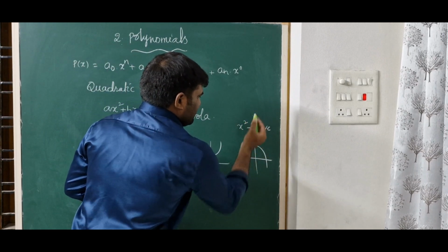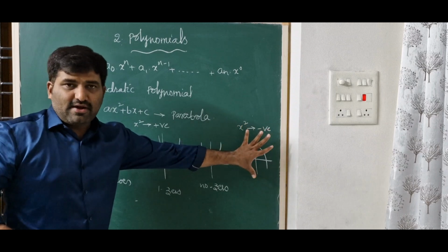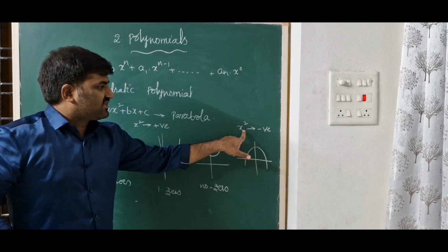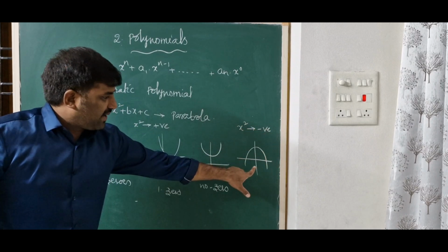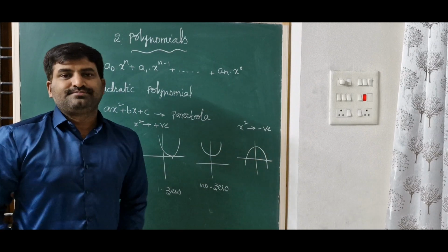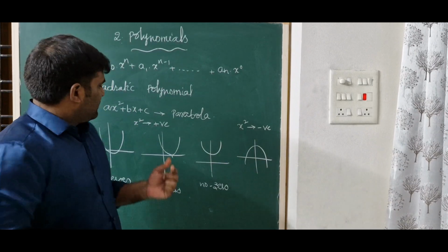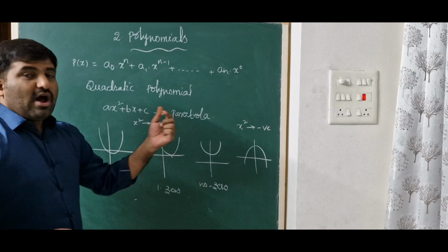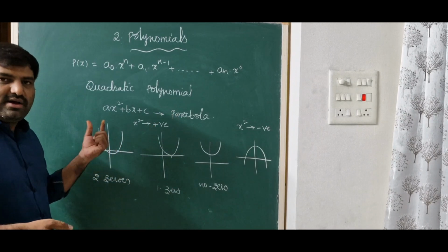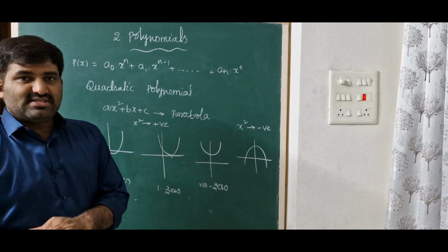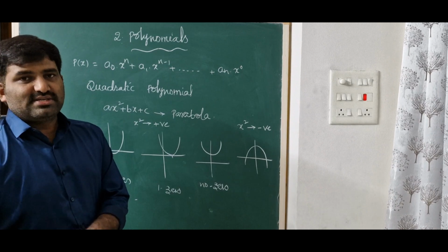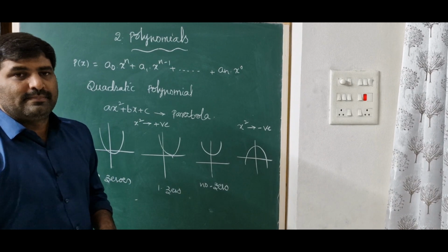Mostly this concept is not asked in the exam, but you have to remember that where the x square coefficient is negative, the parabola opens downwards. So if you want to find the number of zeros from a graph, by seeing how many times the parabola or any graph intersects the x-axis, based on that we get the number of zeros of the polynomial.